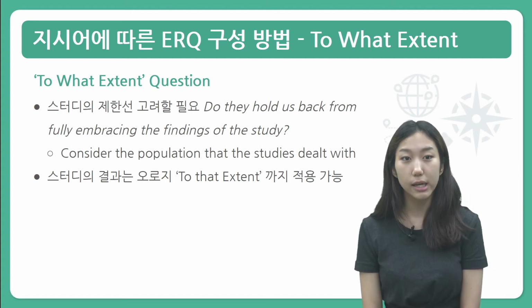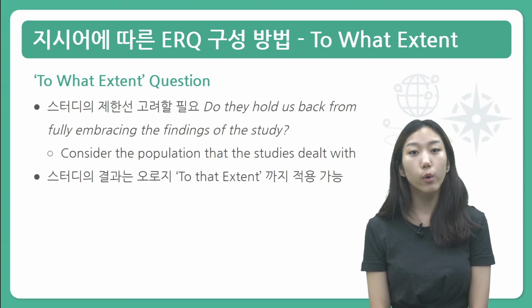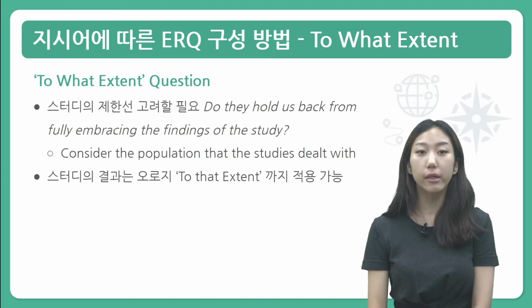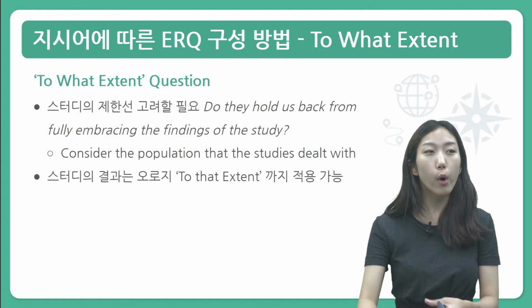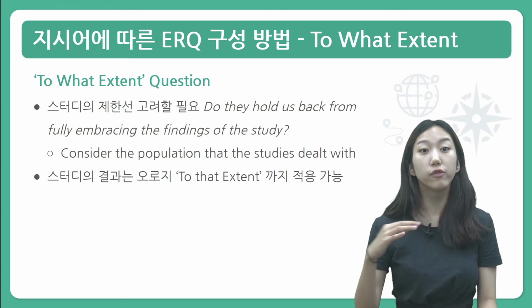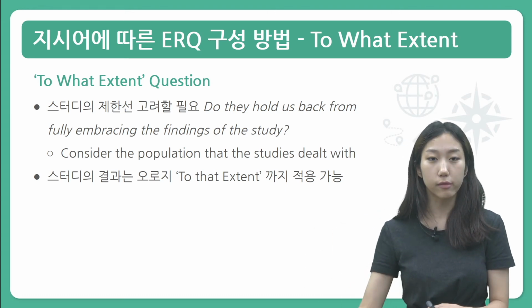Okay, and then last but not least, we're going to be going over the command term of to what extent. With to what extent questions, we need to be thinking about the limitations of the study and whether they hold us back from fully embracing the findings of the study.